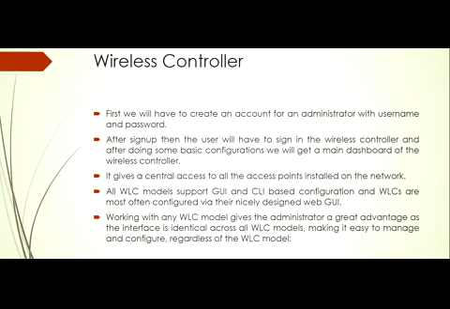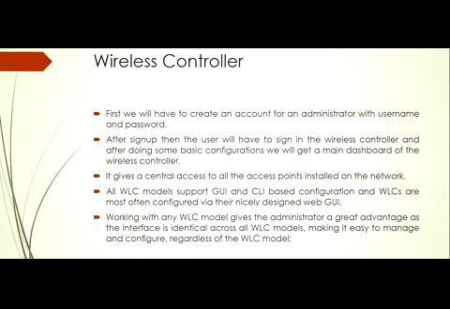For wireless controller configuration, we can make changes by using the interface and also by command line. If the administrator would like to make changes in the network, he can use the interface, or if he wants to use the command line, he can use both.